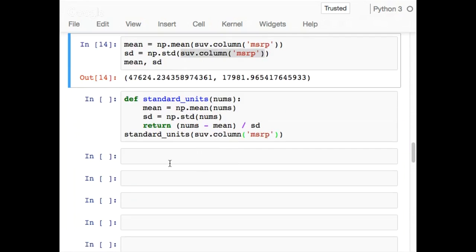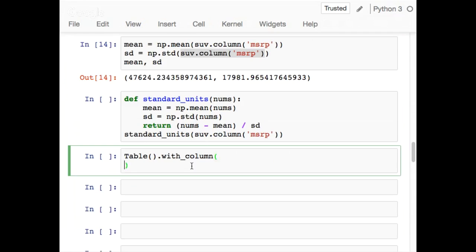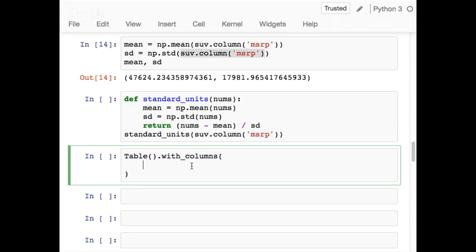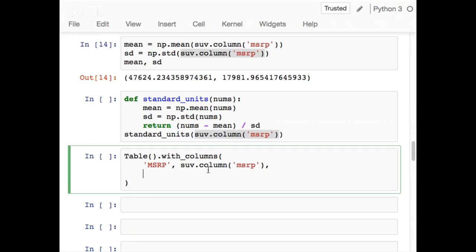Excellent. Okay, so now let me just do a quick attention check. If I make this table, let's have 2 columns, MSRP. Let's put the original MSRP here, so here's SUVs. Let's also put the MSRPs in standard units.